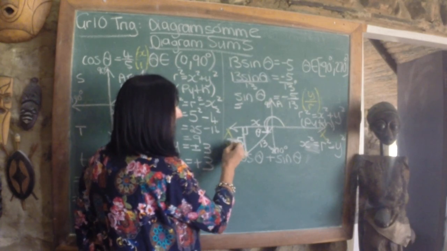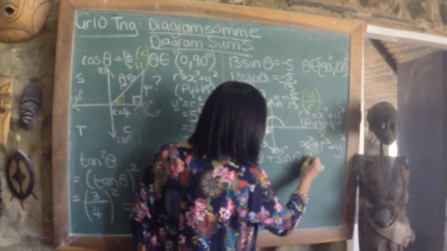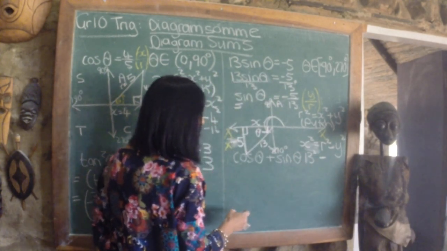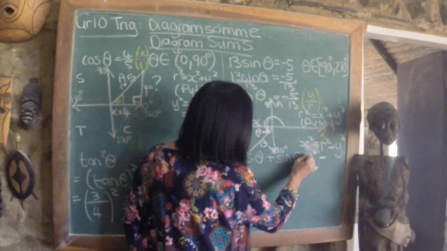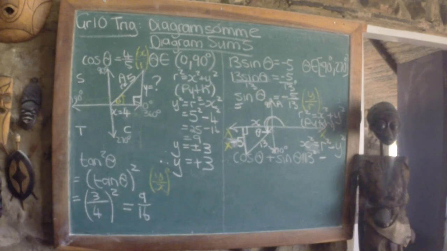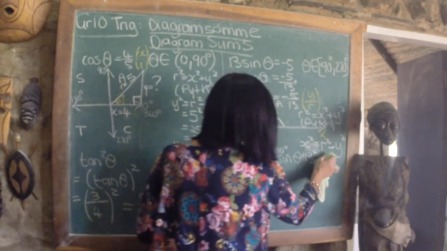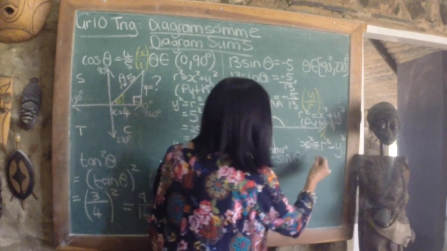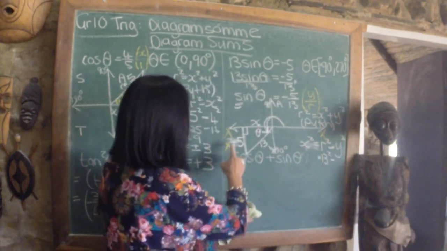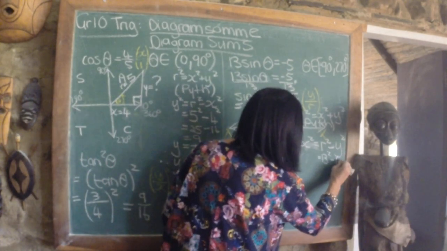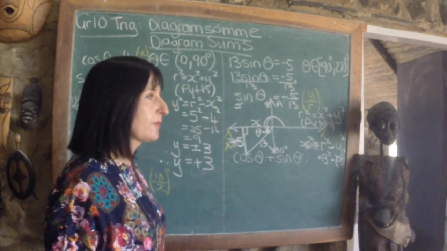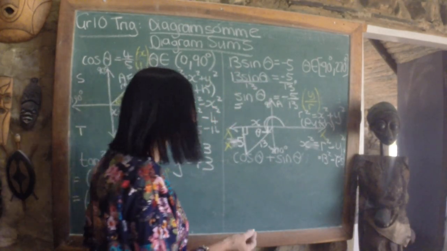I've got r squared minus, and the y squared is minus 5 squared. And minus 5 squared gives you 25. Minus 5 times minus 5 equals 25.